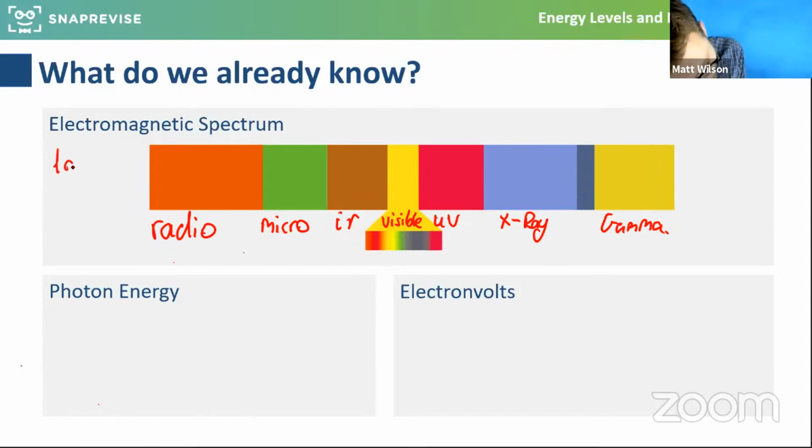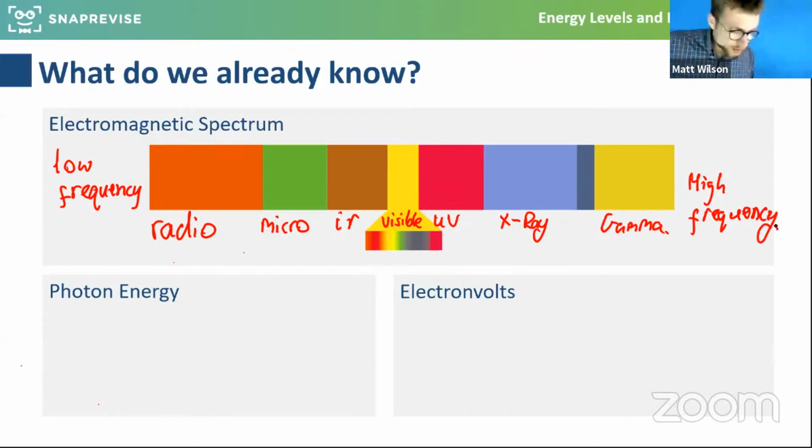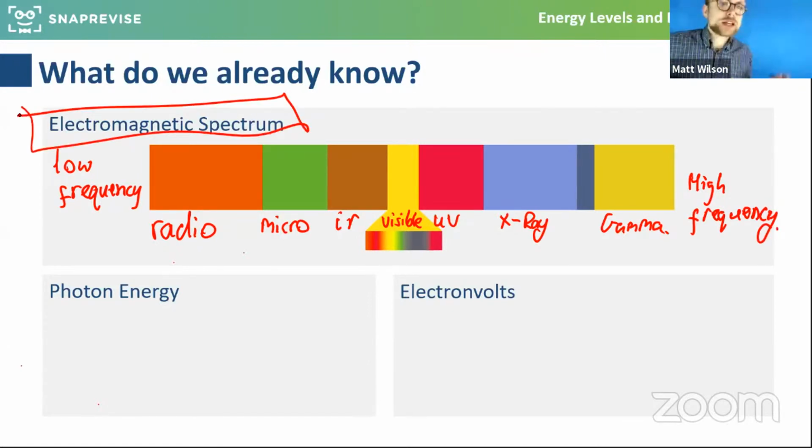So here we have low frequency, and up here we have high frequency. I'm talking about frequency because the things in the electromagnetic spectrum are waves, and waves have frequencies and wavelengths.